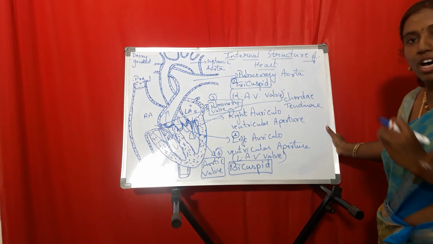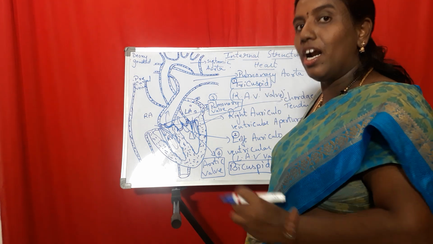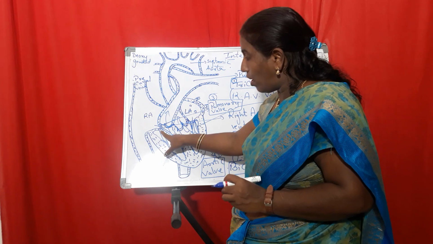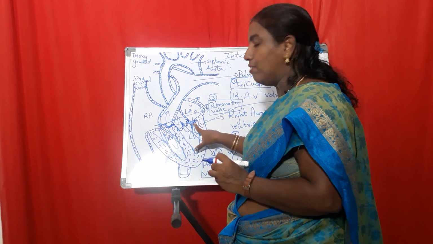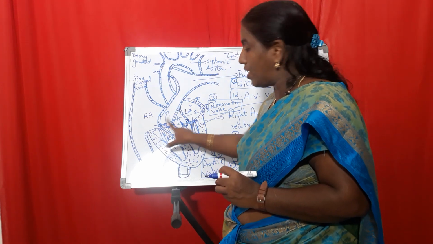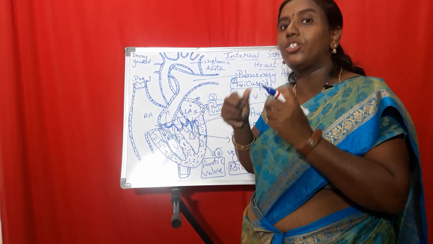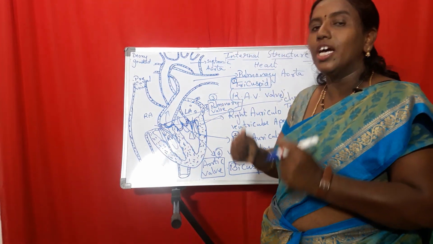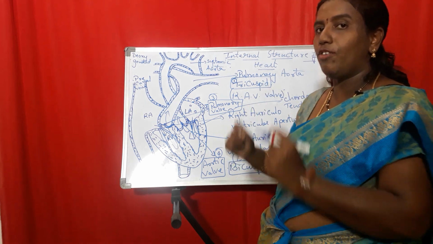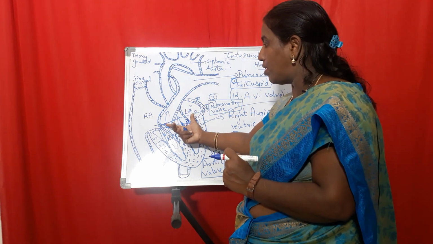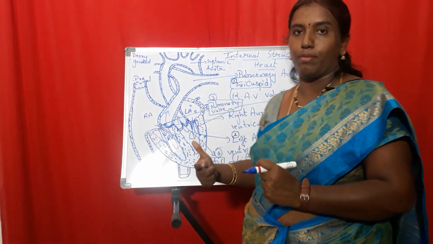Chordae Tendineae are the thin thread-like structures which hold the right auriculoventricular valve and left auriculoventricular valve, that is the tricuspid valve and bicuspid valve. They hold the structure firmly and help for the free flow of blood from one chamber to another chamber.